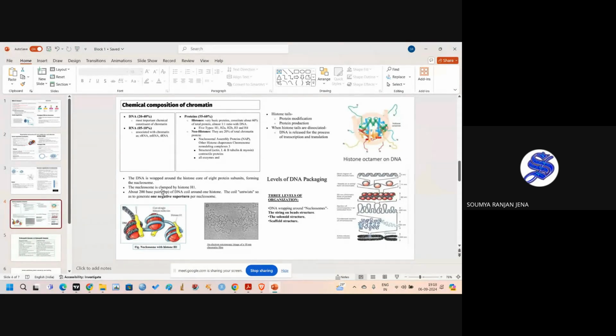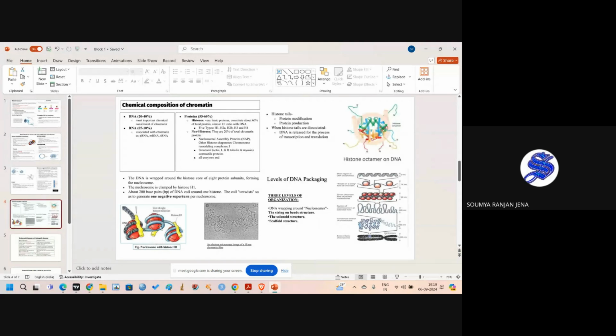And the DNA is wrapped around the histone. The red color is the core histone molecules, which contain two H2A, two H2B, two H3, and two H4 to form a core octamer complex, and this octamer complex is connected with this H1 clamp to form a nucleosome.